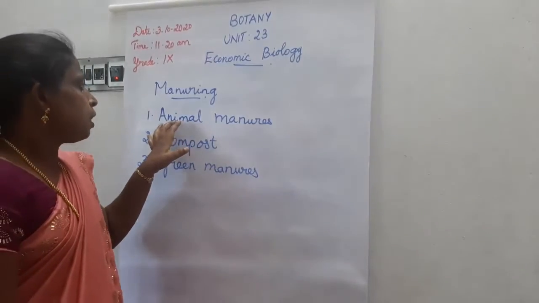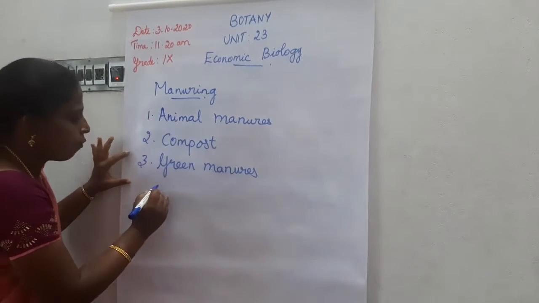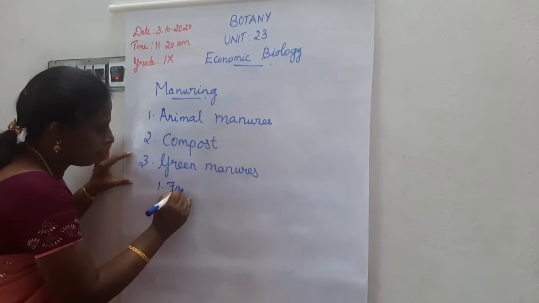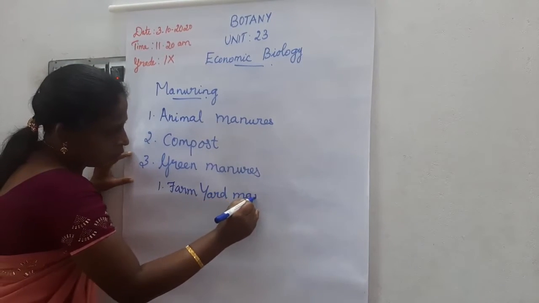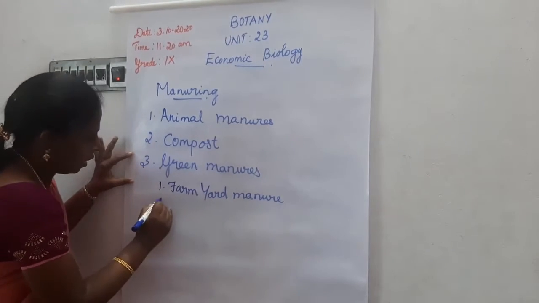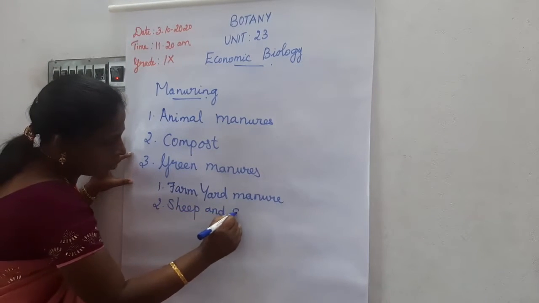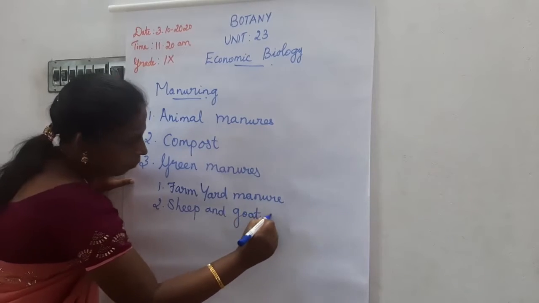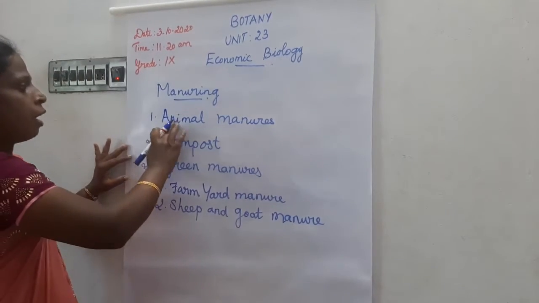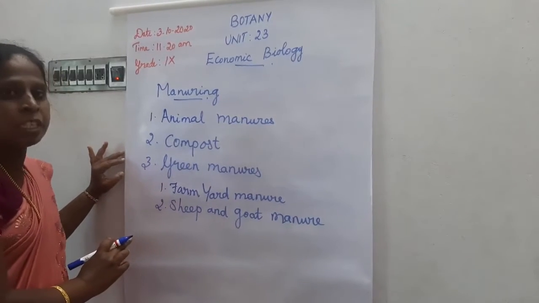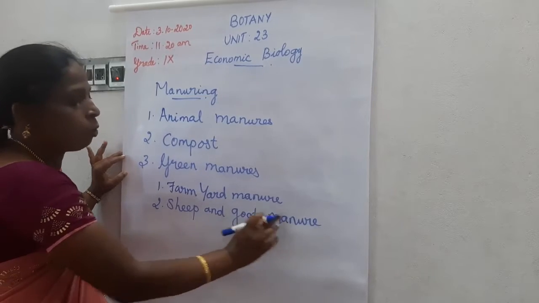Animal manures are classified into two types: farmyard manure, and sheep and goat manure.